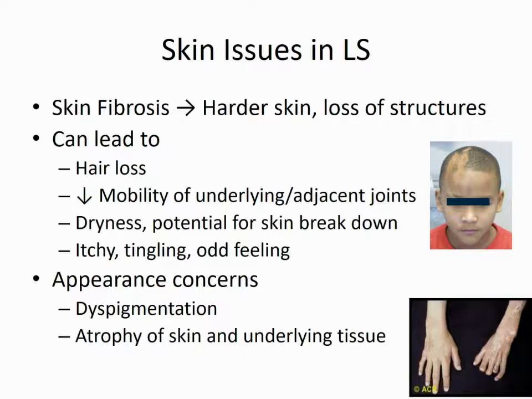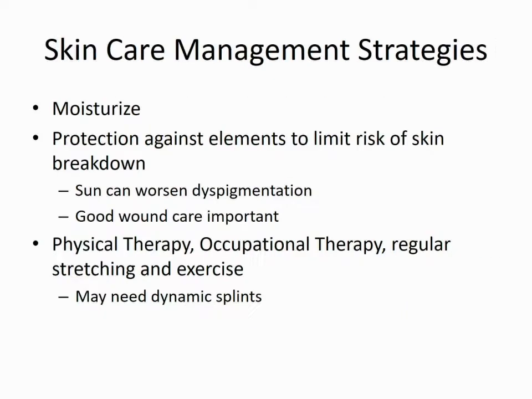There's more potential for skin breakdown, and you can start getting itchy, tingling, or odd feelings there. There are, of course, appearance concerns because pretty much all the patients will get some kind of pigment change, darker or lighter, and then there is typically atrophy of the skin, which again can be subtle or more severe.